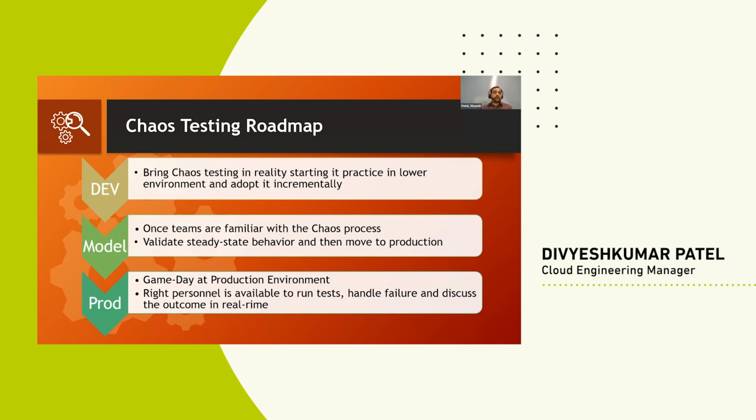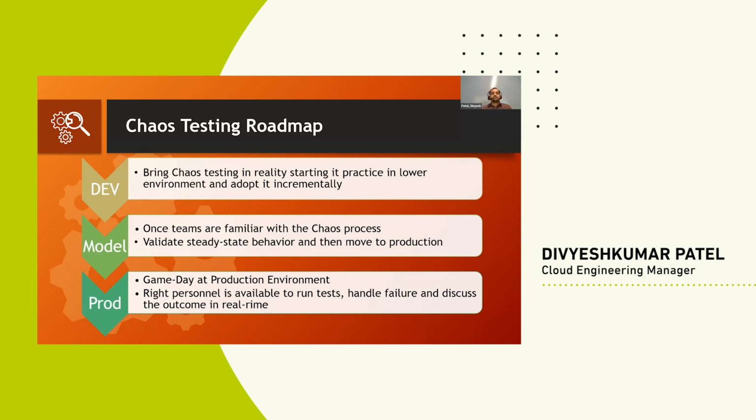Once you are comfortable in model where you do everything end to end, then you go to prod, where you do the actual game day, and that's the actual end goal. This is the goal of chaos testing, because we want to do it in production. You can do all this in dev and model, but it does not give the outcome that we want from chaos testing.